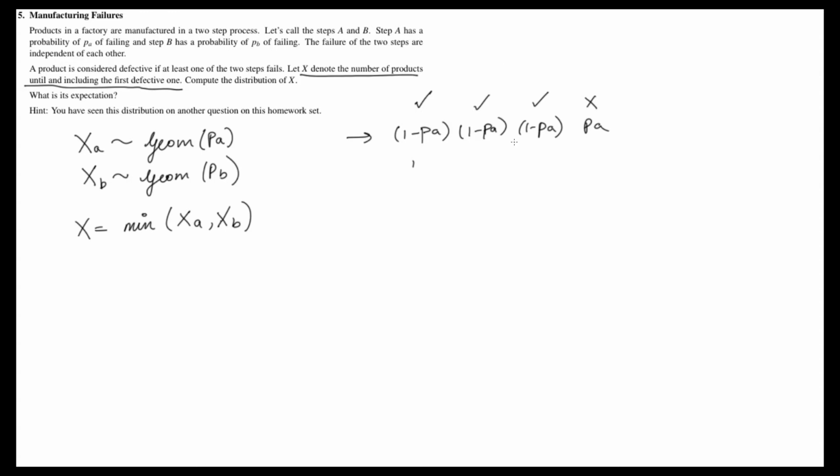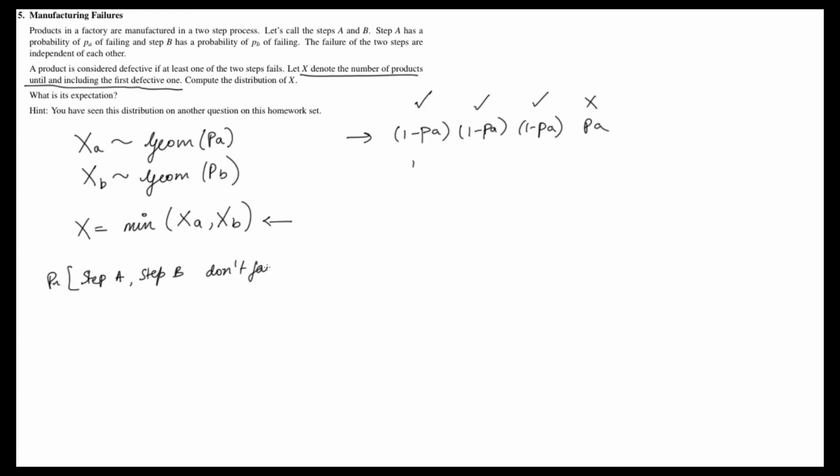Now, what's the minimum of two geometrics? Let's look at it this way. So let's actually look at it without considering this equation directly. So the probability of either one of step A or step B failing is what? Okay, let's just consider the probability that step A and step B both don't fail.